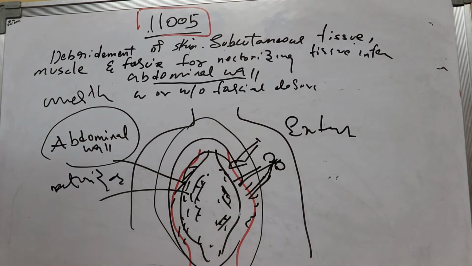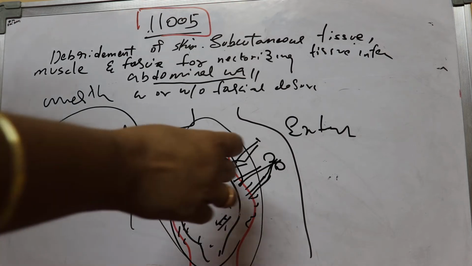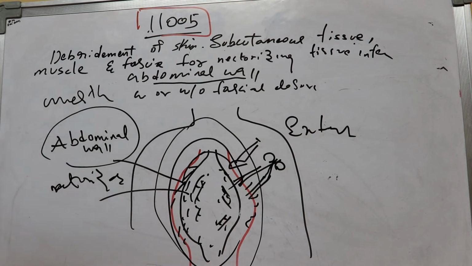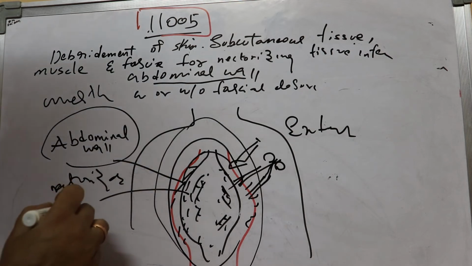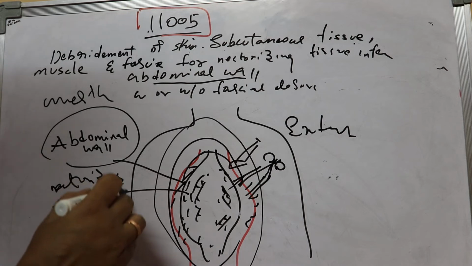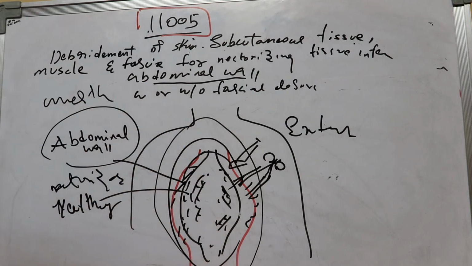He will go till the level of the fascia, that is after the muscle and subcutaneous tissue, removing the necrotized infected tissue with the help of scalpel and scissors or some other tools. He will continue until there is healthy tissue, that is he will do the debridement.